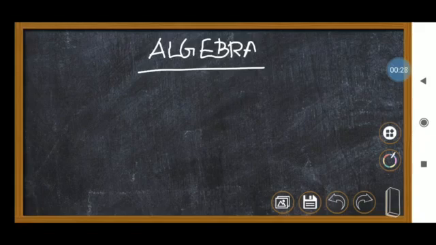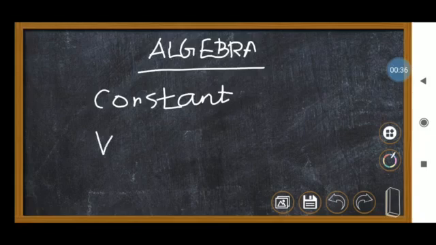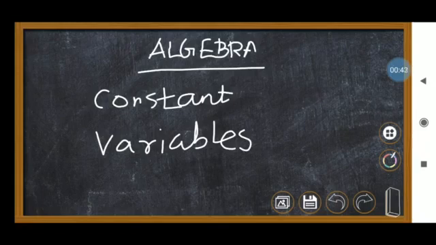For example, we have seen what is meant by constant and what is meant by variable. These are the things we saw in our last class.